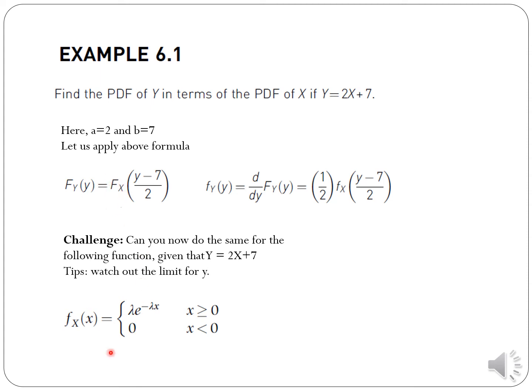Fx will look like 1 minus e to the power minus lambda x, right? So in that formula you replace the x with this part, then you get the fy. Please try to do it yourself and share the result in the Facebook group by picture or something. We will discuss it again if necessary.